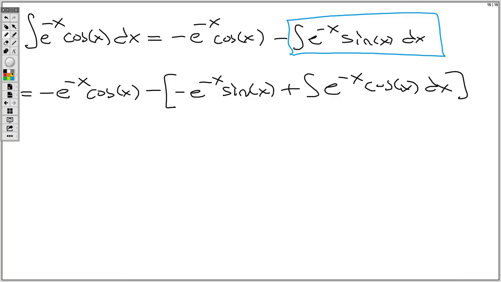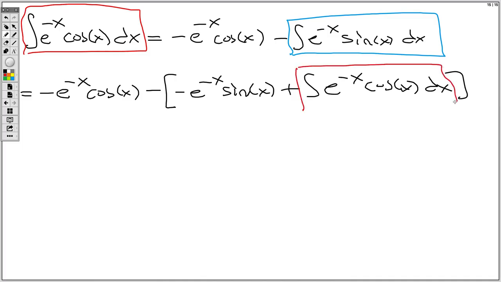So notice, here's what I'm trying to find. I'm trying to find what that thing is, and I've noticed that it's now coming on the other side of the equation. So to help us see the forest for the trees, let's call this big thing I.